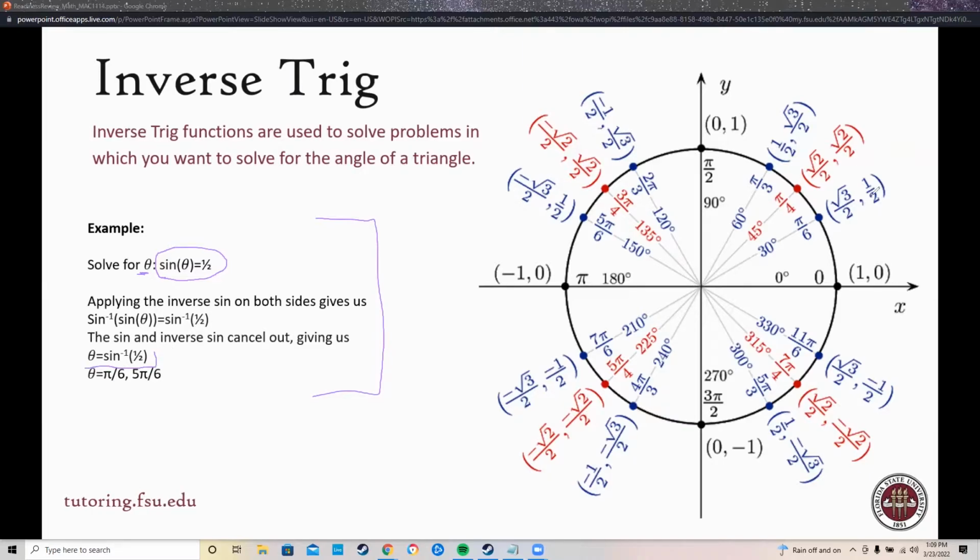Sine of a half is either this one or this one, which is either 5 pi over 6 or pi over 6. Because again, in this case, we're looking for an angle. But this is an important concept in all cases, even when you don't have a radian given by the unit circle.